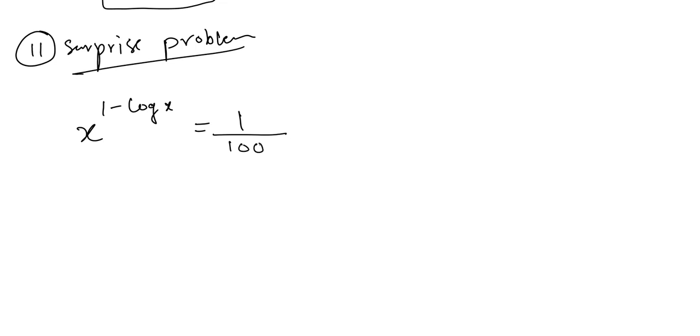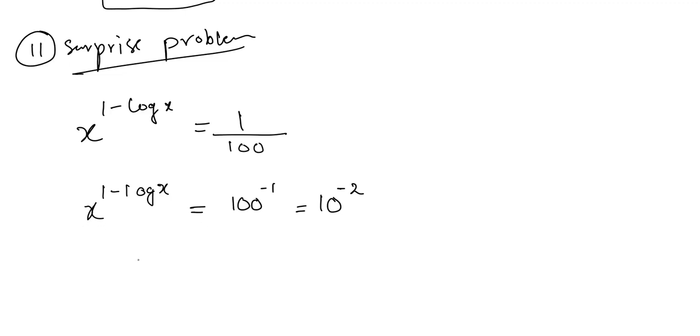So what we can do here is write it as 1 minus log x is equals to 100 raised to the power minus 1, or we can write it as 10 raised to the power minus 2.